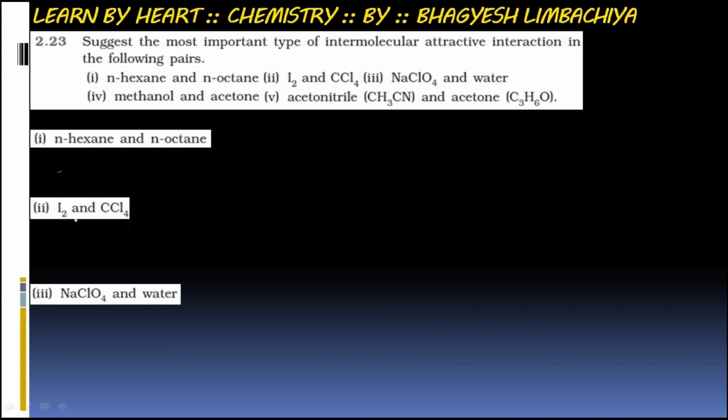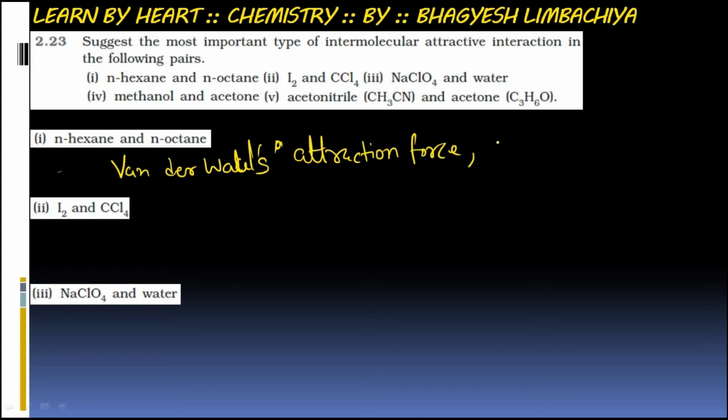Suggest the most important type of the intermolecular attractive interaction in the following pairs. So first is normal hexane and normal octane. Here van der Waals attraction force is present, and the reason for it is both of the components are non-polar.